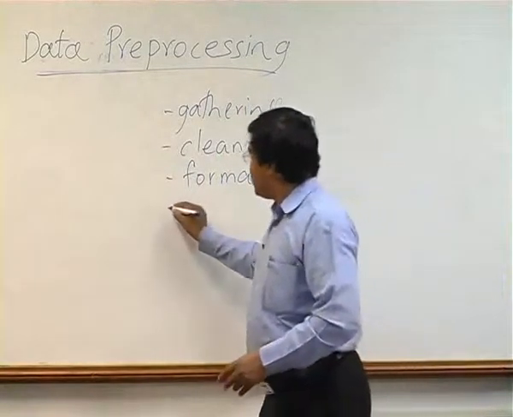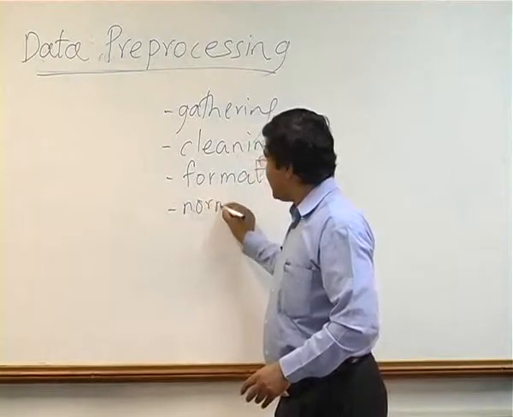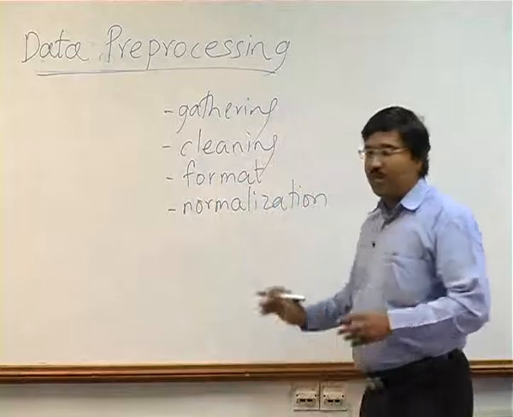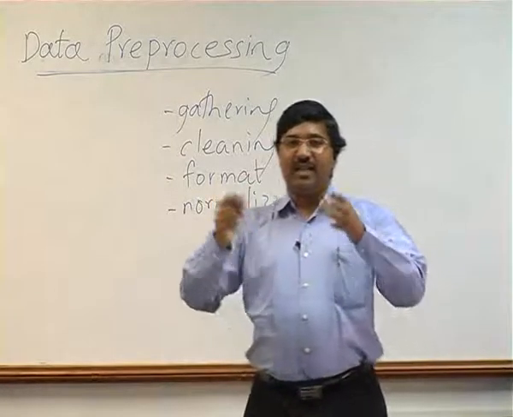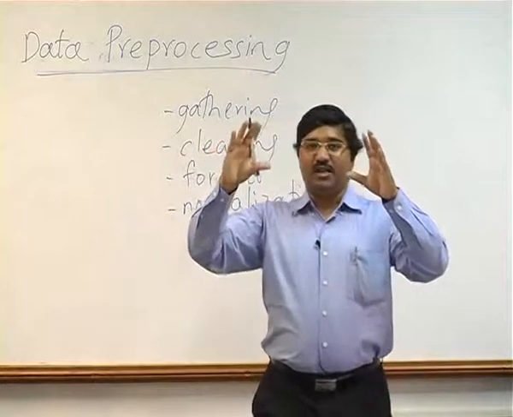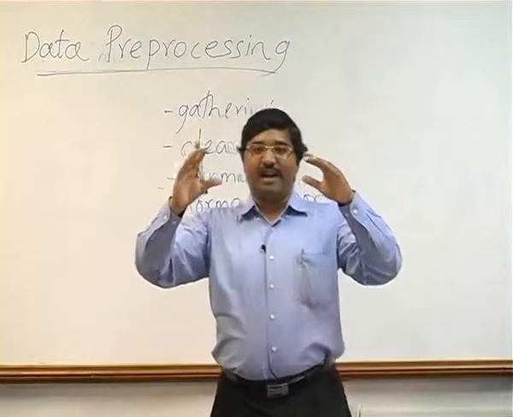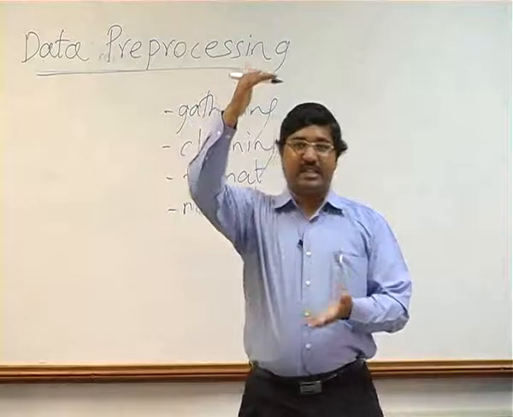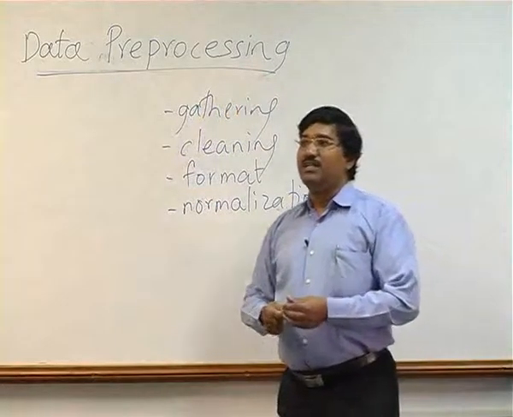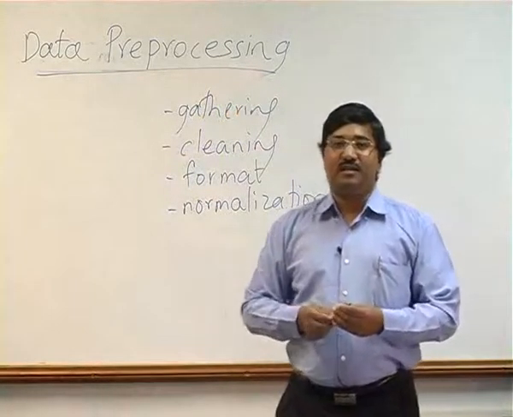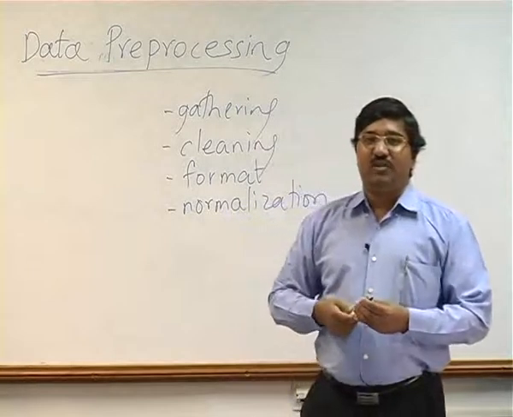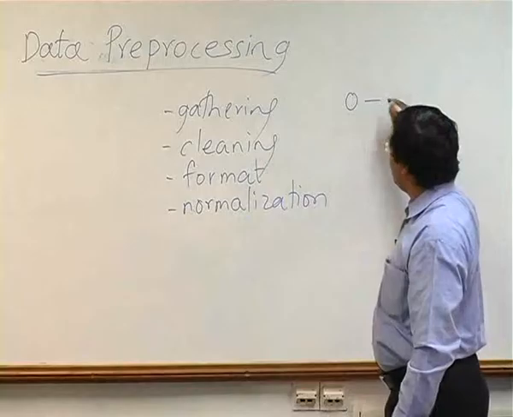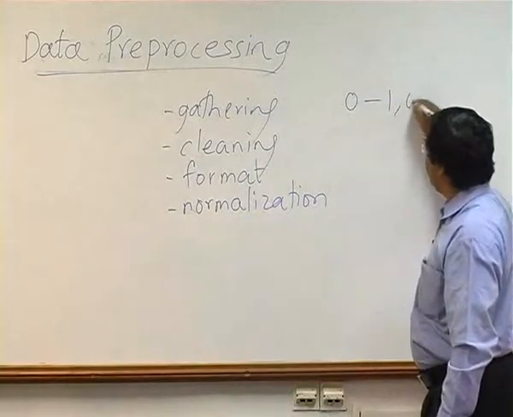And finally, you also need to do what is called normalization. Normalization consists of making the data into a kind of averaging of all the data into a uniform range. Okay, so for example, suppose you have some attribute which is having a range between, let's say, 0 and 1 million.